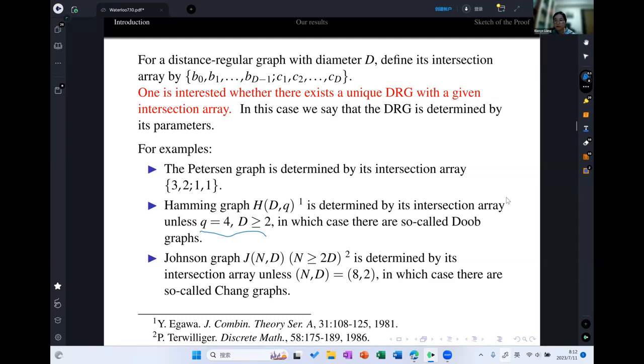The Johnson graph is determined by its intersection array unless n, d equals 8 and 2, in which case they are called the Chang graphs. So how about Grassmann graphs?